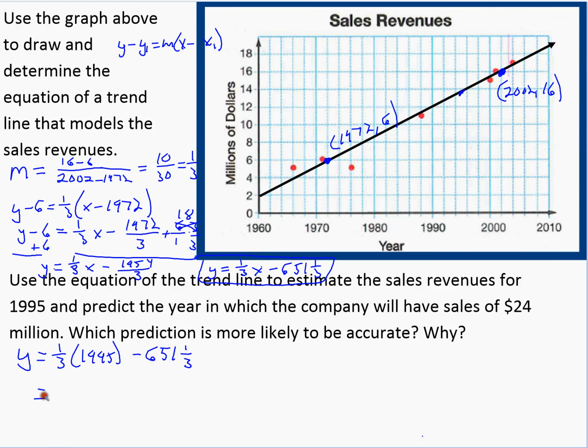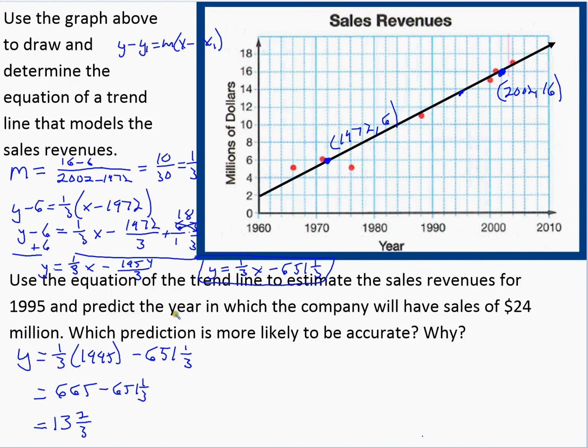And if you multiply that out, 1/3 times 1995 is 665. Subtract 651 1/3. If you subtract that, you're going to get 13 2/3. I apologize. So 13 2/3.